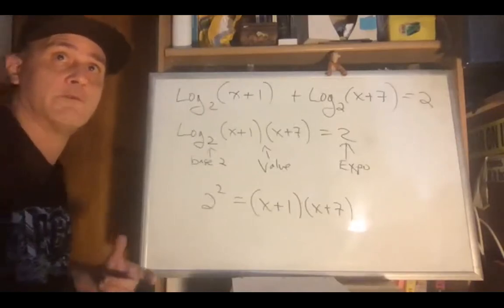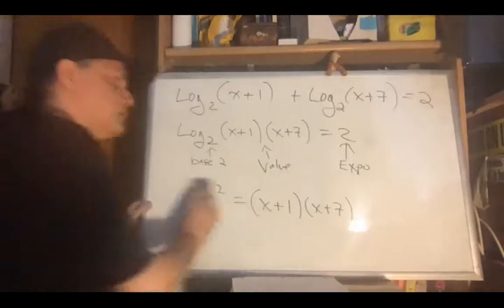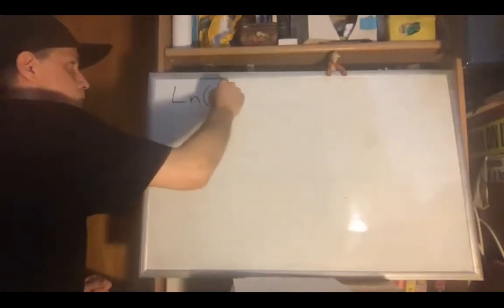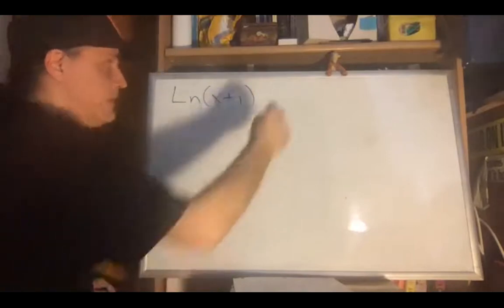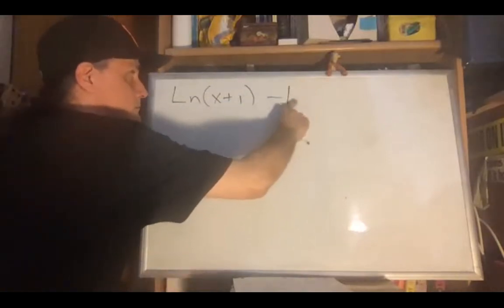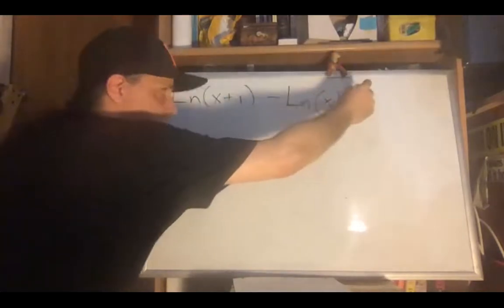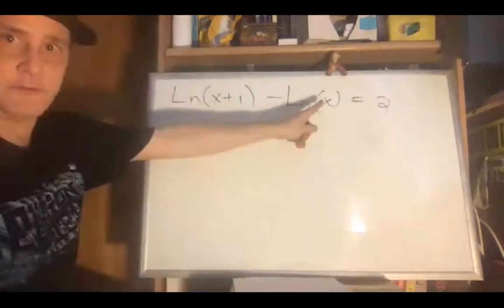Okay, one more. Now, we haven't used ln yet. And so let's say we had ln, and this time we'll subtract instead of add. Now, a lot of times people won't write parentheses here.